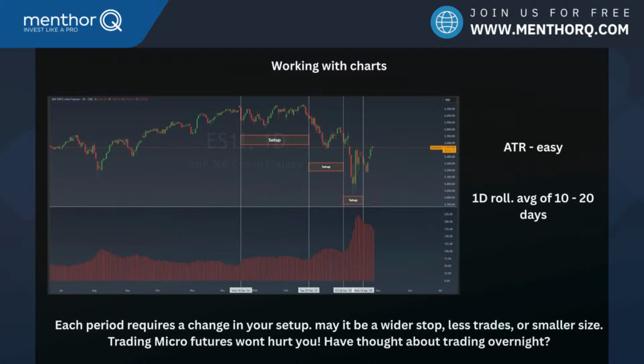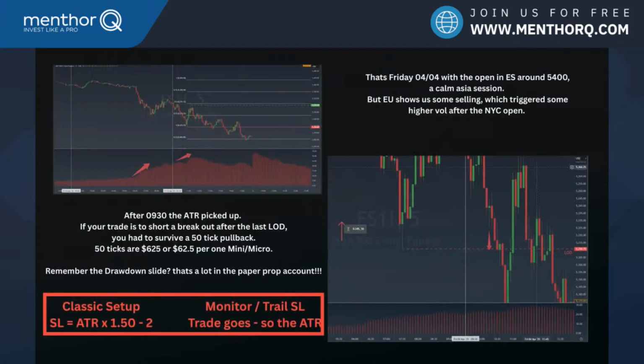I might have sized down a little bit, because if we compare the first setup, where the red columns on the bottom are not nearing like 100 points, and we are comparing this to the setup on the right, the ATR has nearly doubled, right? And you will never ever survive with a trade setup that you have used during these low times of ATR.